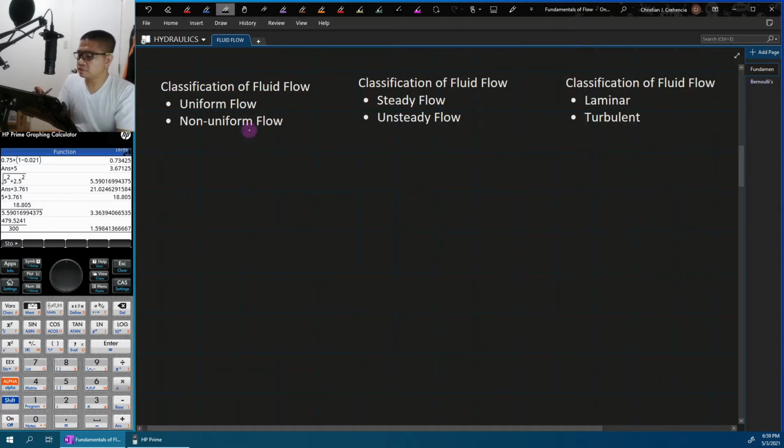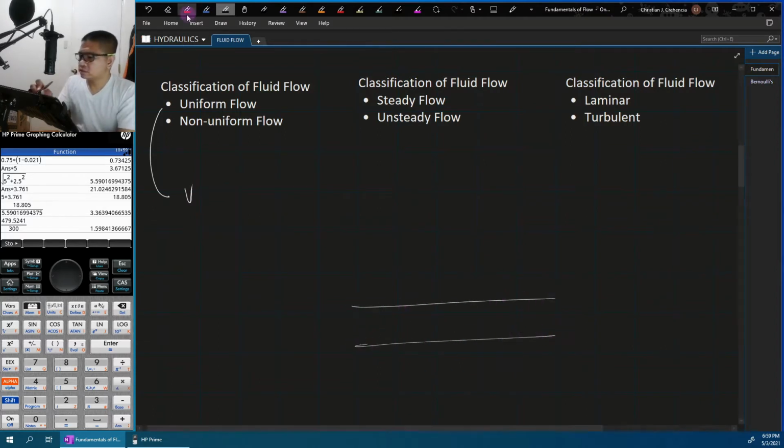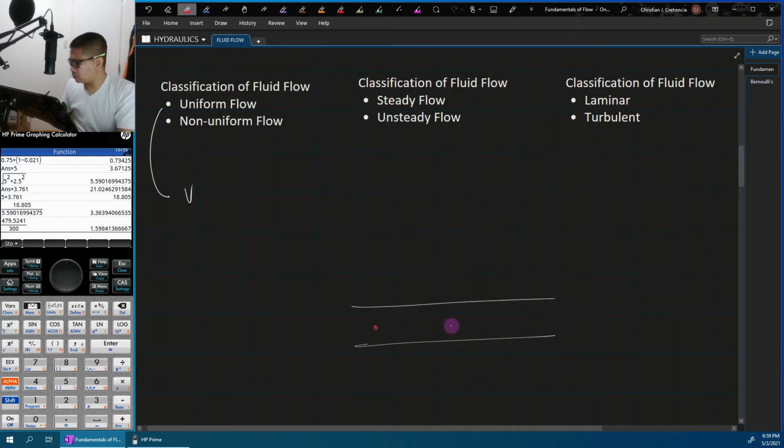So sa uniform flow, when do we say that a flow is uniform? So uniform flow is that the velocity at any point, okay? So let's say meron tayong pipe dito. Let's say meron tayong point 1, 2, and 3.